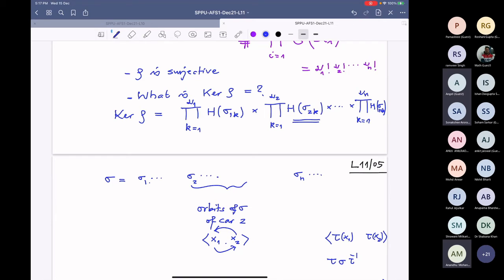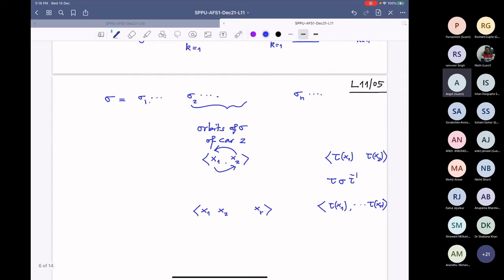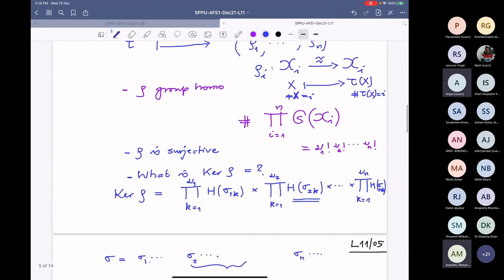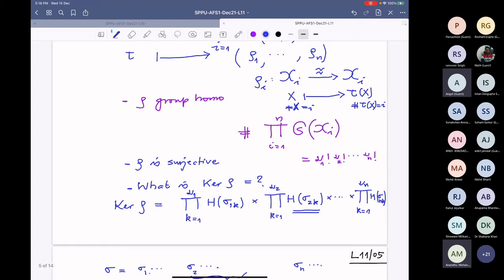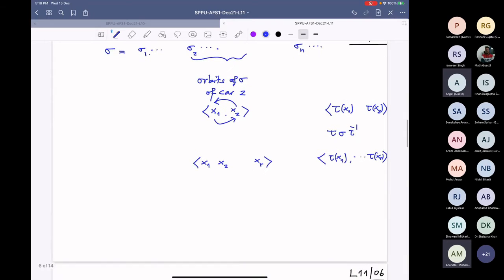Yes, sir. But I'm not getting this point, how the kernel of rho is equal to the subgroup generated by all these sigmas. Okay. Now tell me, suppose we started with this orbit, where does it go? Orbit. I'm not saying the cycle now, because here these capital Xi's are the orbits. So in capital Xi, capital X2 for example, I will write down a few elements.